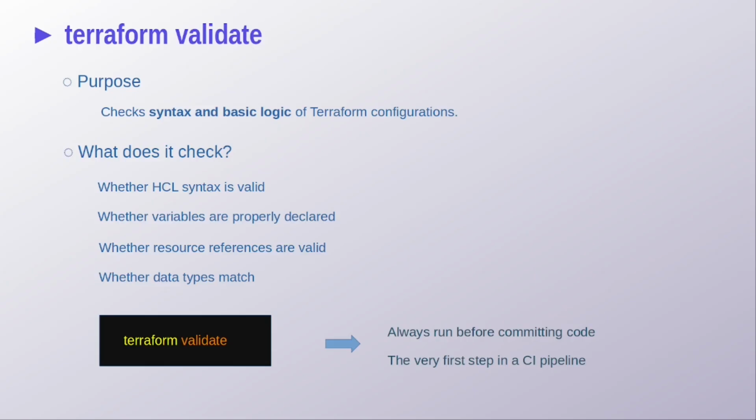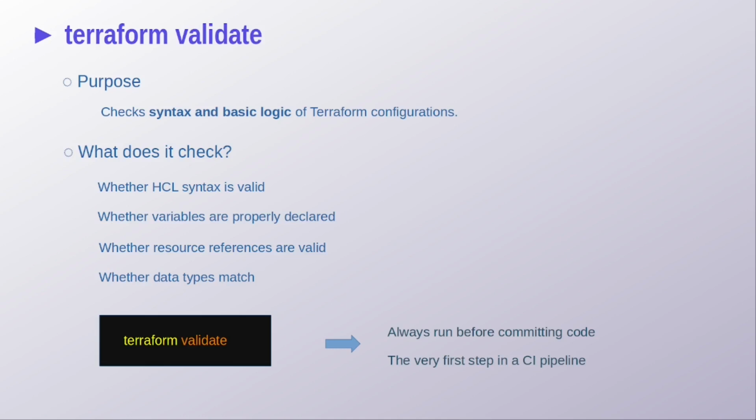What is not checked is very important. Terraform validate does not check if AWS resources actually exist, if IAM permissions are correct, if security rules are safe, if costs are reasonable. It's only structure, not reality.